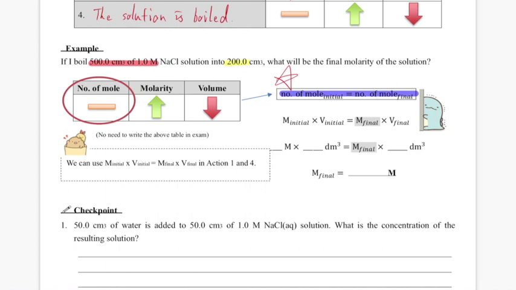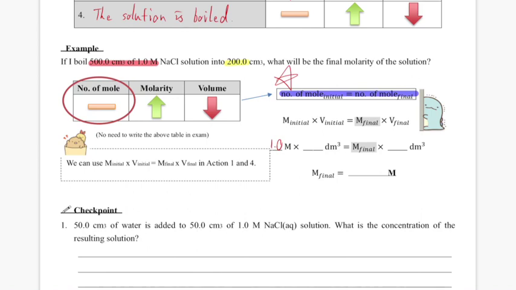However, because the molarity and the volume have changed, we could use the different molarity and volume to work out the number of mole of solute at the beginning and the number of mole of the solute in the end. So from that equation we could turn it into here: number of mole equals molarity multiplied by the volume. At the beginning it should be the molarity, which is 1 molar.